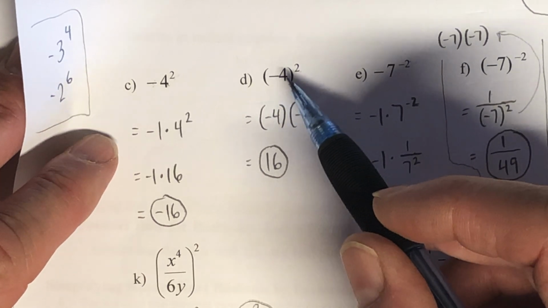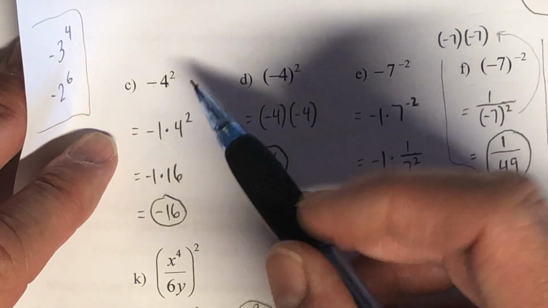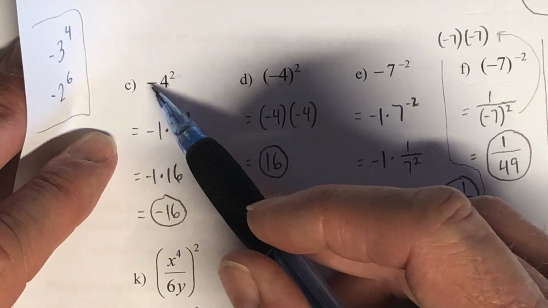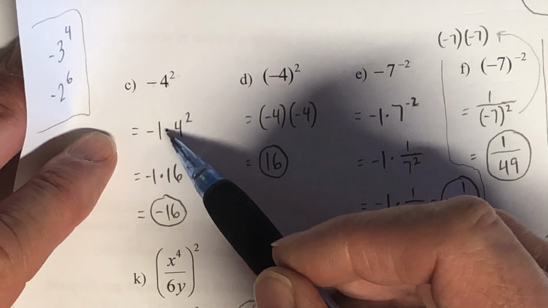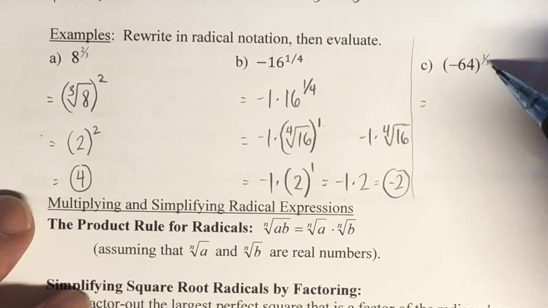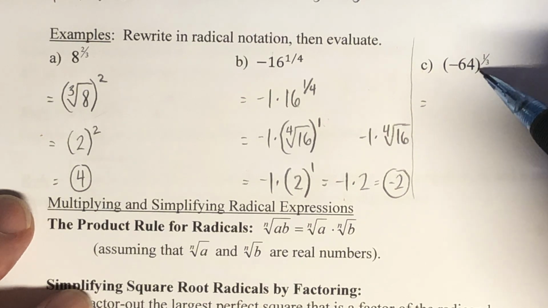So that's why in this problem, it's -4 being taken to the second power, but in this problem, it's just +4 being taken to the second power, with the negative being separate from that, separated by the multiplication here. In the same way, this right here means that 1/3 is applying to not just 64, but -64. So when you have an exponent next to a parenthesis, it applies to the entire parenthesis.